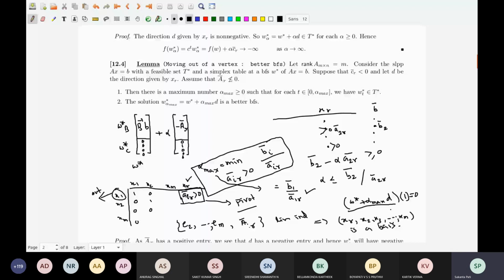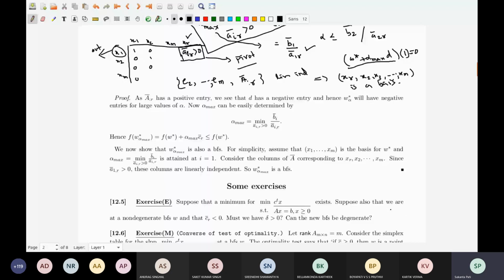Otherwise, compute alpha max and your next vertex is W star plus alpha max D, and this one has value lesser than equal to the vertex W star. So it is a BFS. This one is a BFS, and it has value lesser than equal to that of W star.